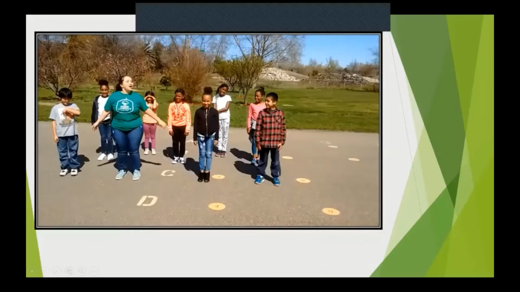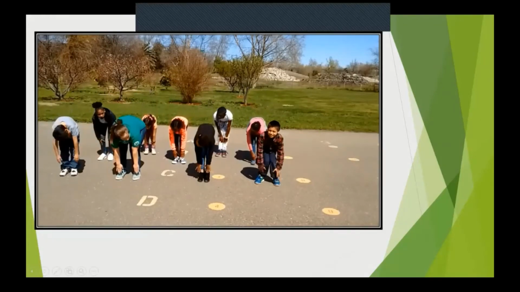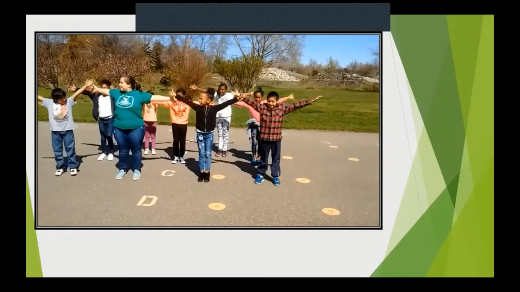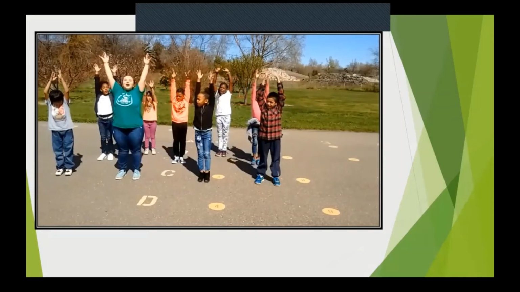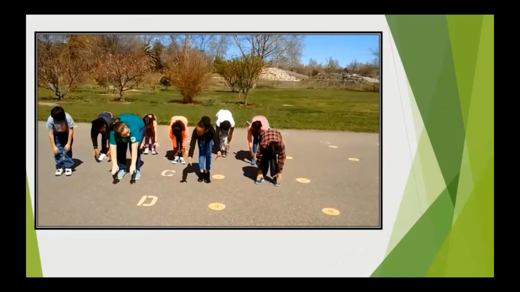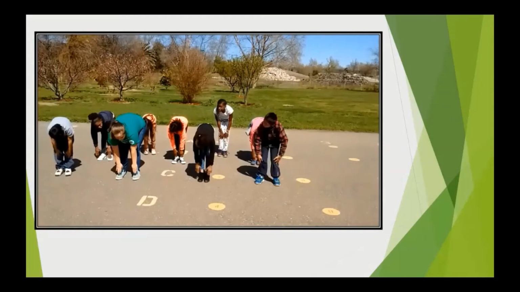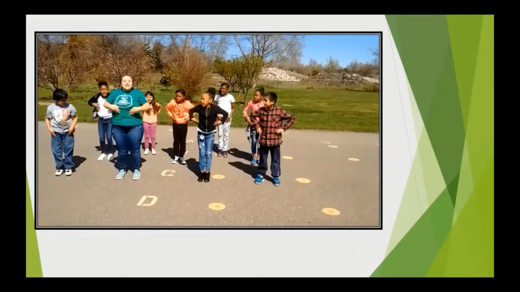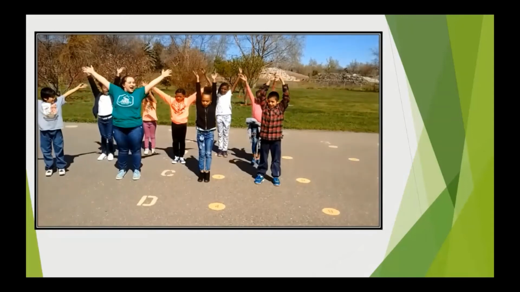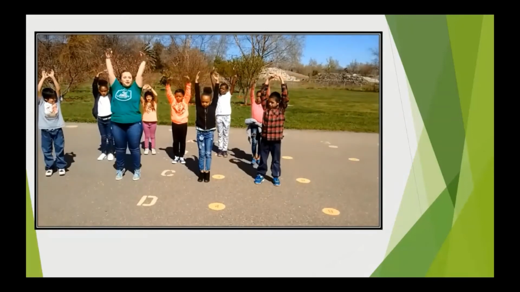We start with our roots, to our stem, to our leaves, to our flower, to the fruit. All the way down, yes, to our leaf. The root, with the stem, to the leaves, to the flower, to the fruit.